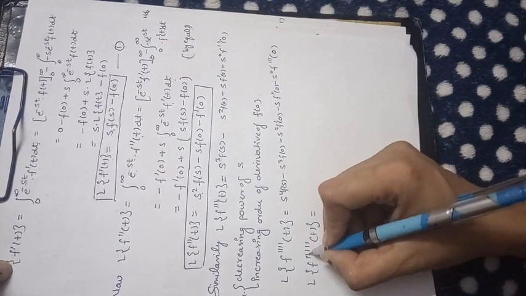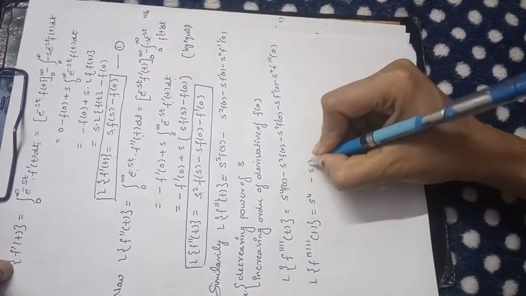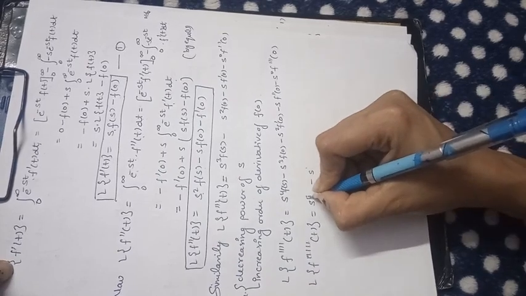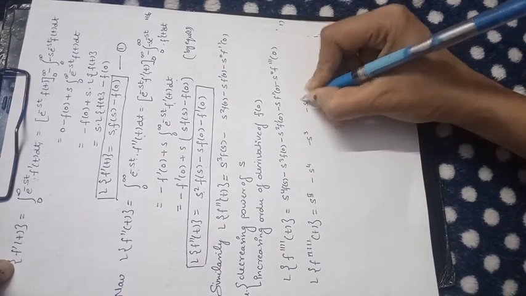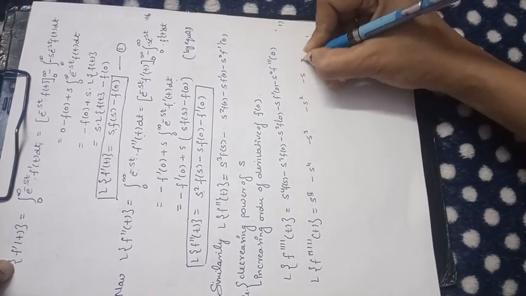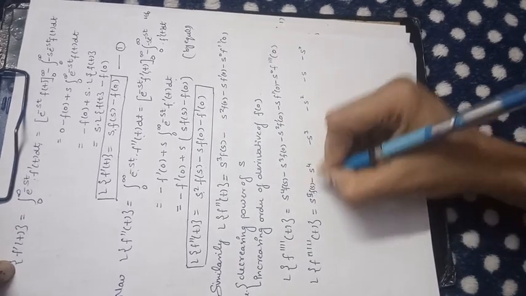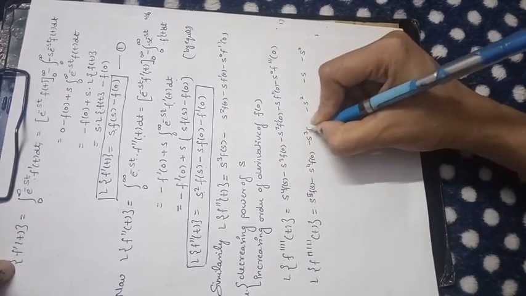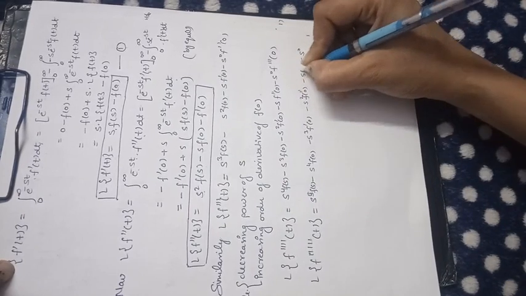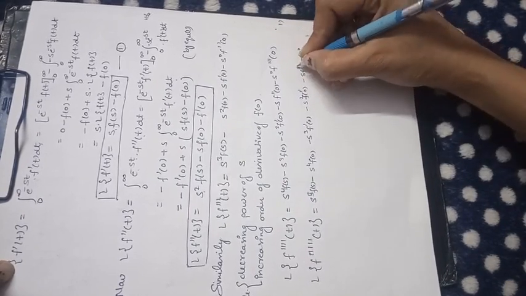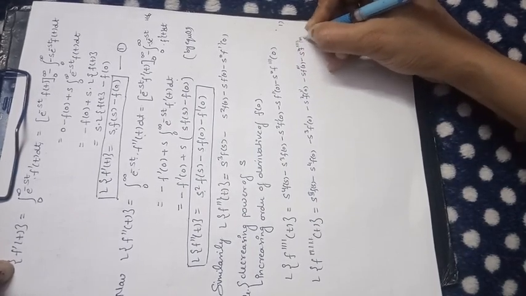Fourth order: 1, 2, 3, 4, 5. Fifth order: s⁵, s⁴, s³, s², s, and then s⁰, with F(s), f(0), f'(0), f''(0), f'''(0), and f''''(0).